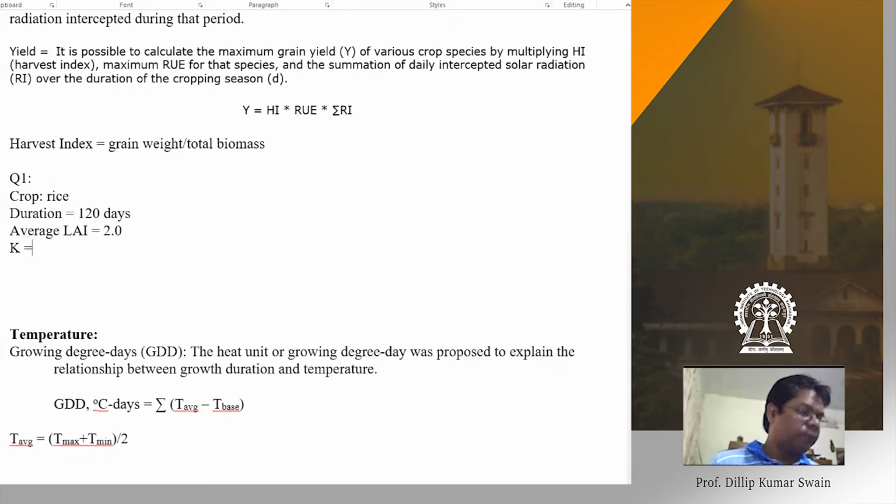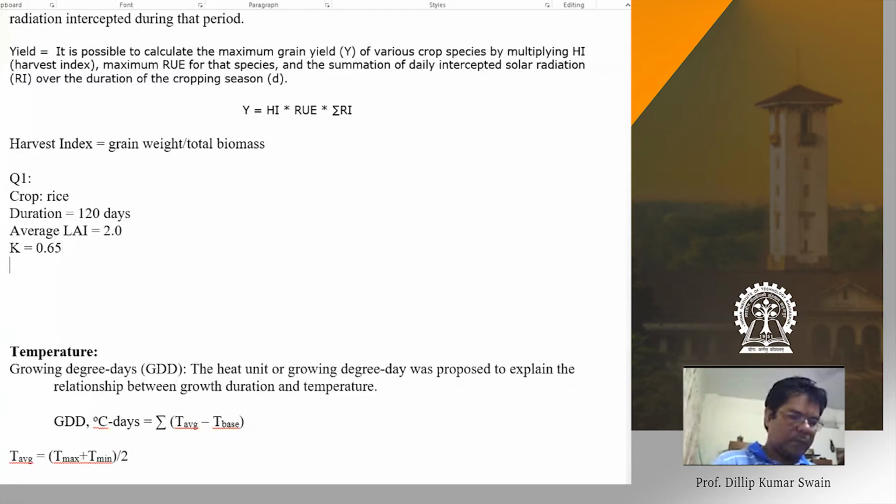And the total incoming radiation, average incoming radiation, is 20 megajoules per meter square per day.